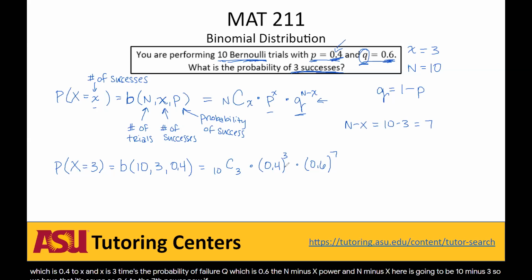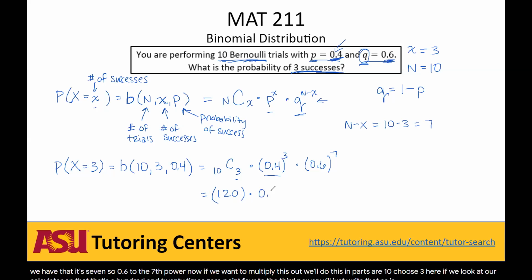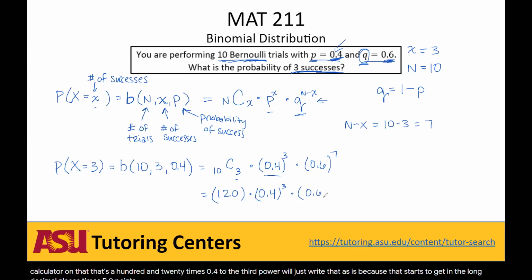Now, if we want to multiply this out, we'll do this in parts. Our 10 choose 3 here, if we look at our calculator on that, that's 120, times 0.4 to the 3rd power. We'll just write that as is because that starts to get into long decimal places. Times our 0.6 to the 7th. That's a very small number, so we definitely want to write that as a power for right now.